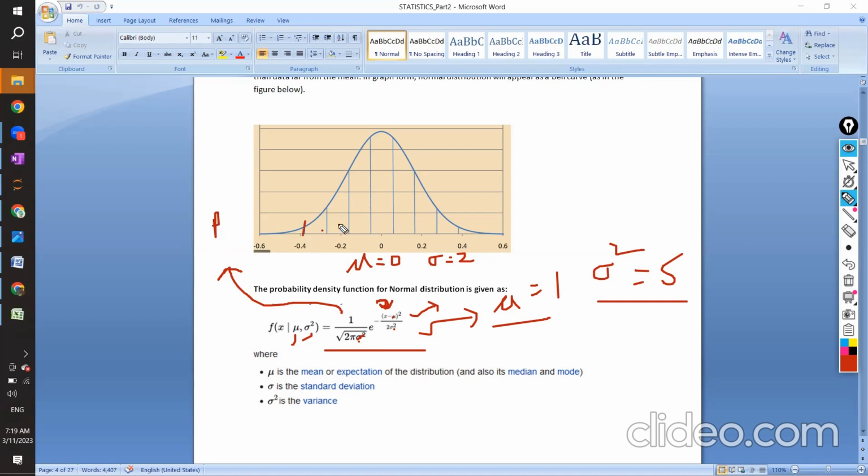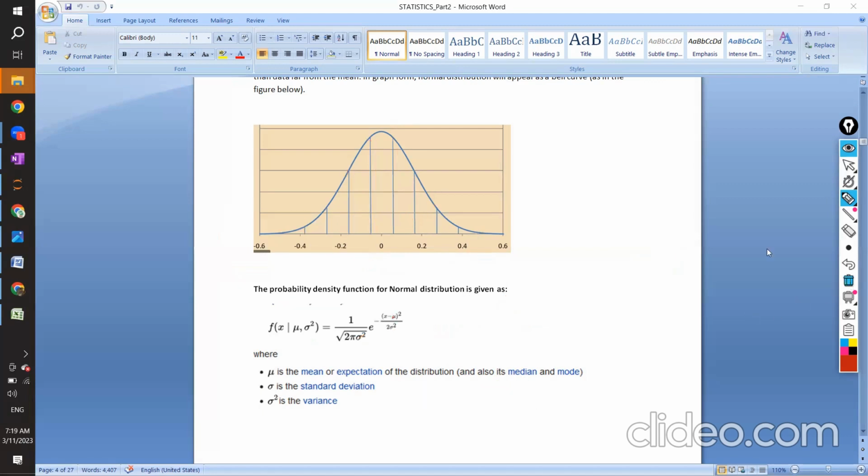Are you getting it, guys? So as you can have different combinations of mean and rho square, you can have lots and lots of different normal distributions. The equation will be the same, only the values will be different.